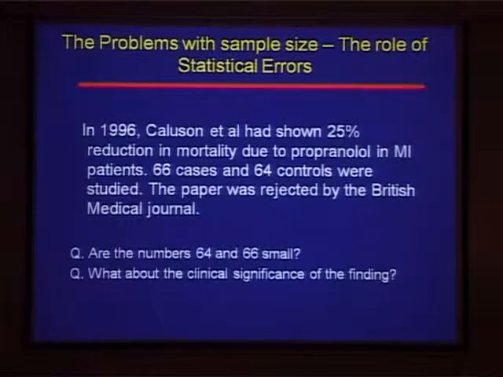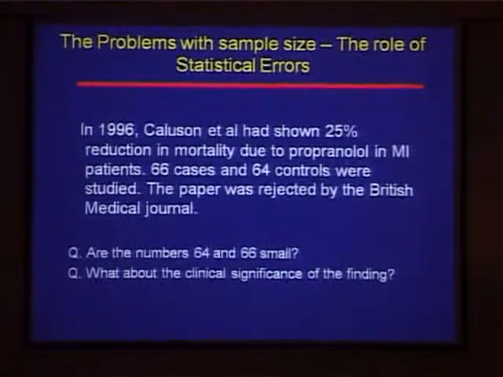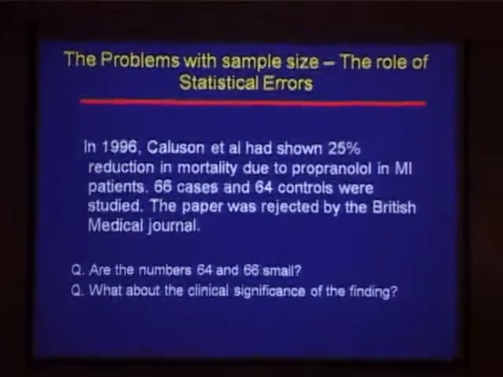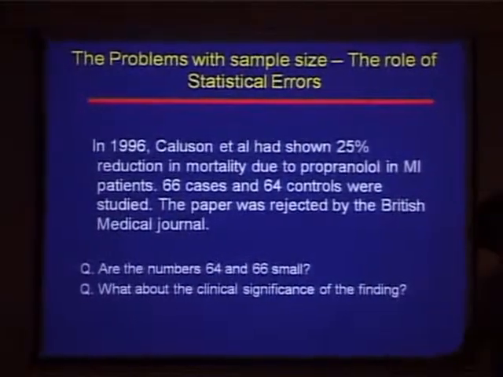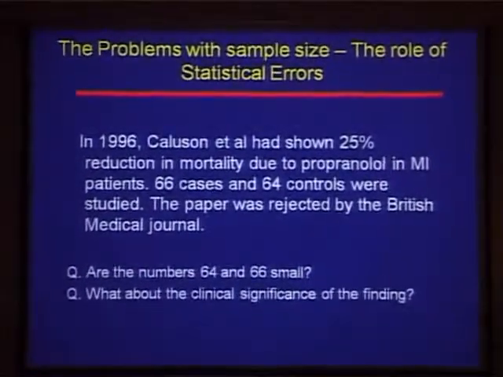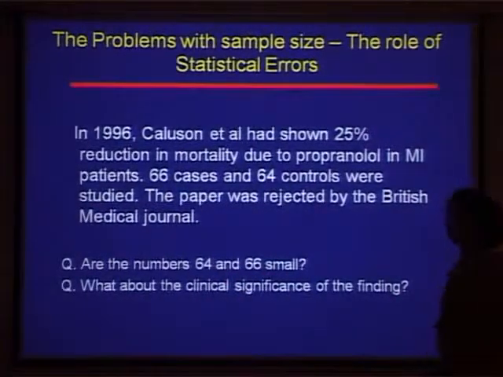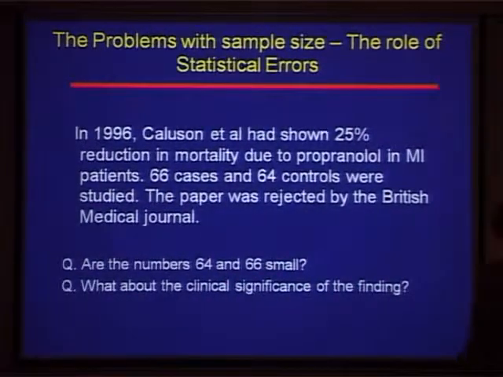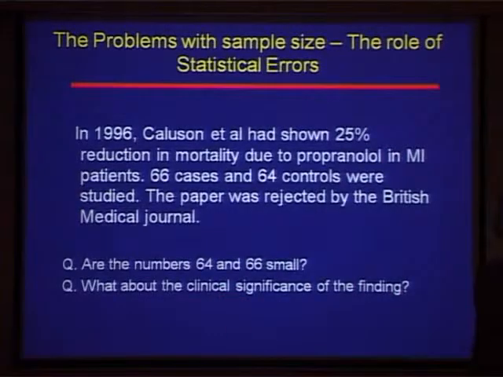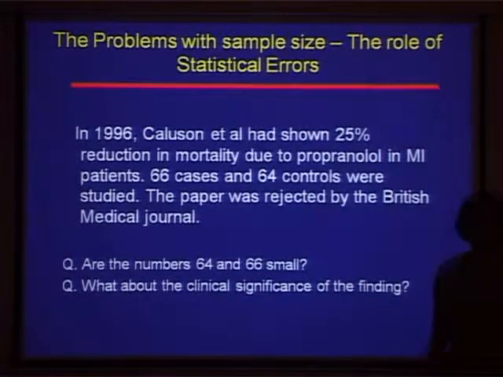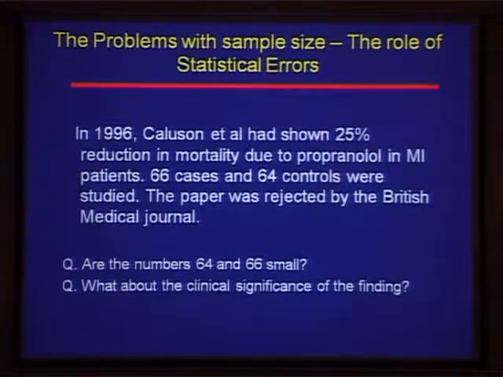The paper was rejected by the British Medical Journal because there was no statistically significant difference between the two groups. 2 questions. Are the numbers 64 and 66 small? A. And B. What about the clinical significance of this finding? Small. Small? Small. No students here?